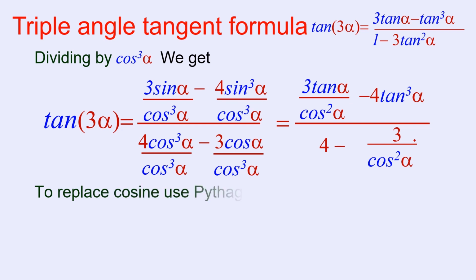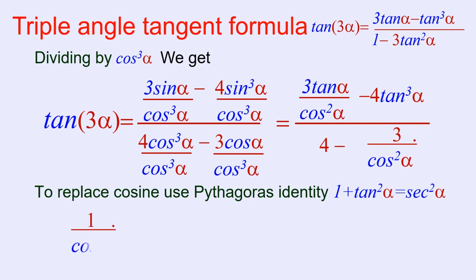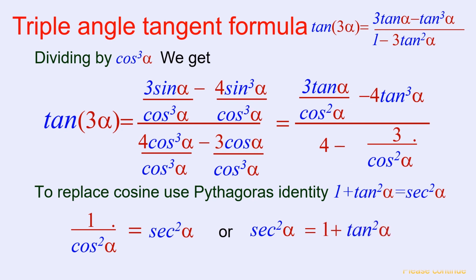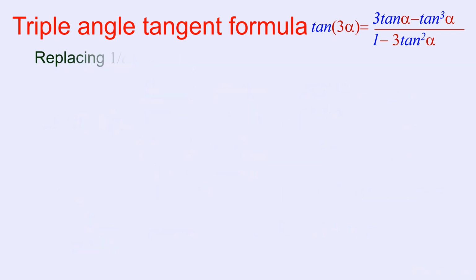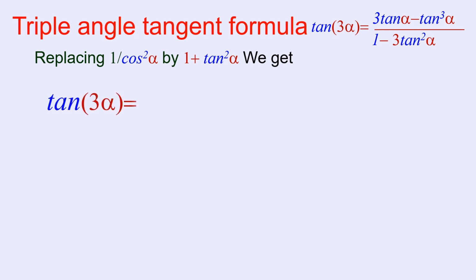And to replace the cosine term, we use Pythagoras identity. 1 plus the tangent squared alpha equals the secant squared alpha. So we replace 1 by the cosine squared alpha by 1 plus the tangent squared alpha, and simplify it.